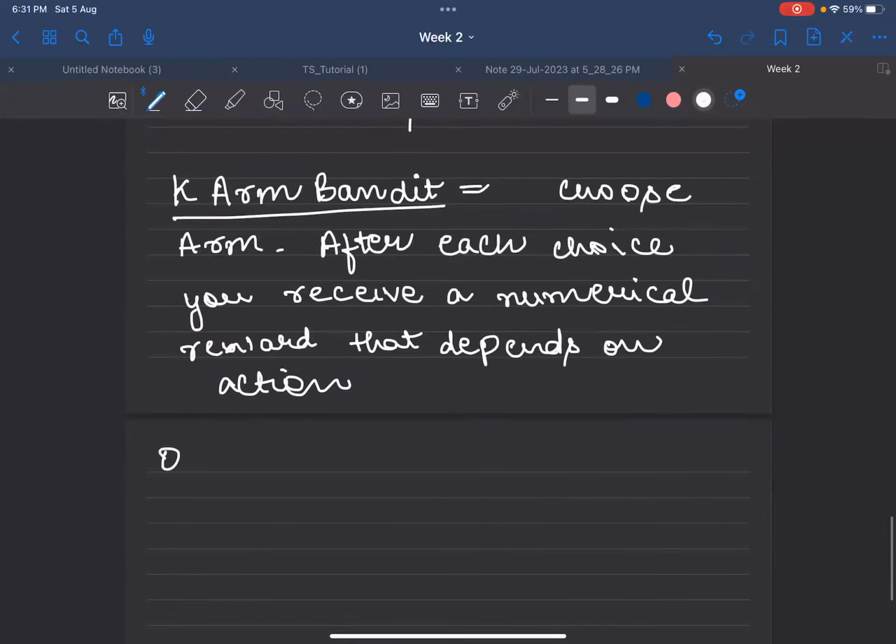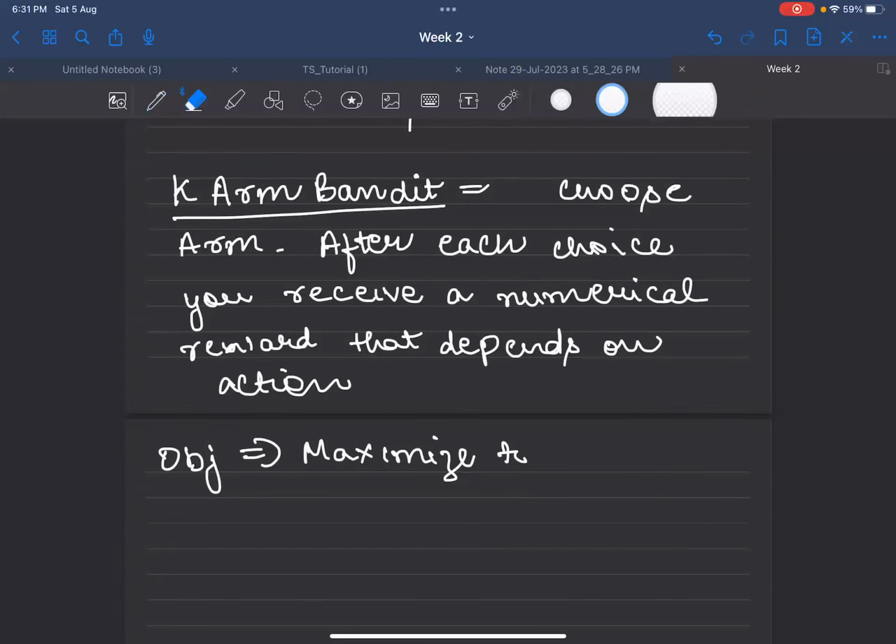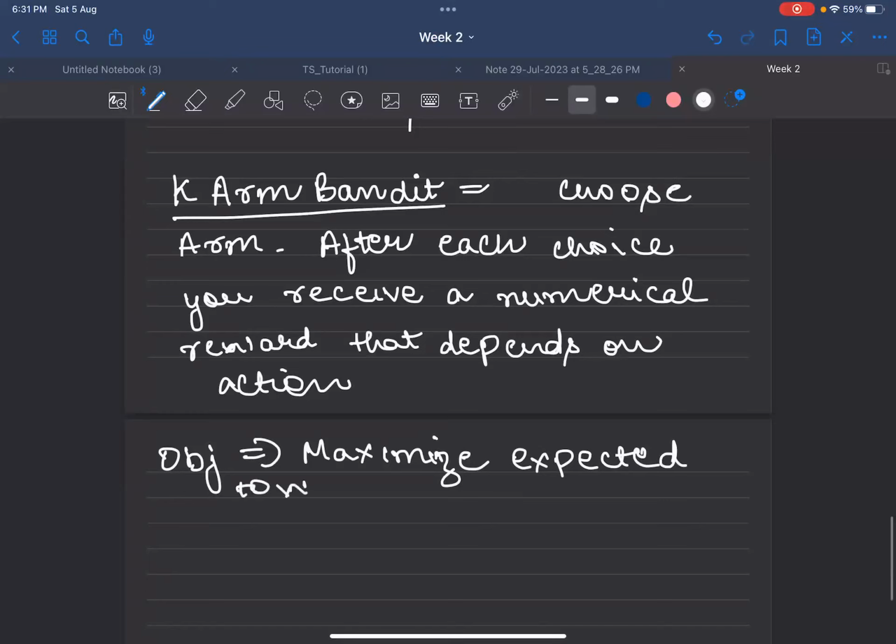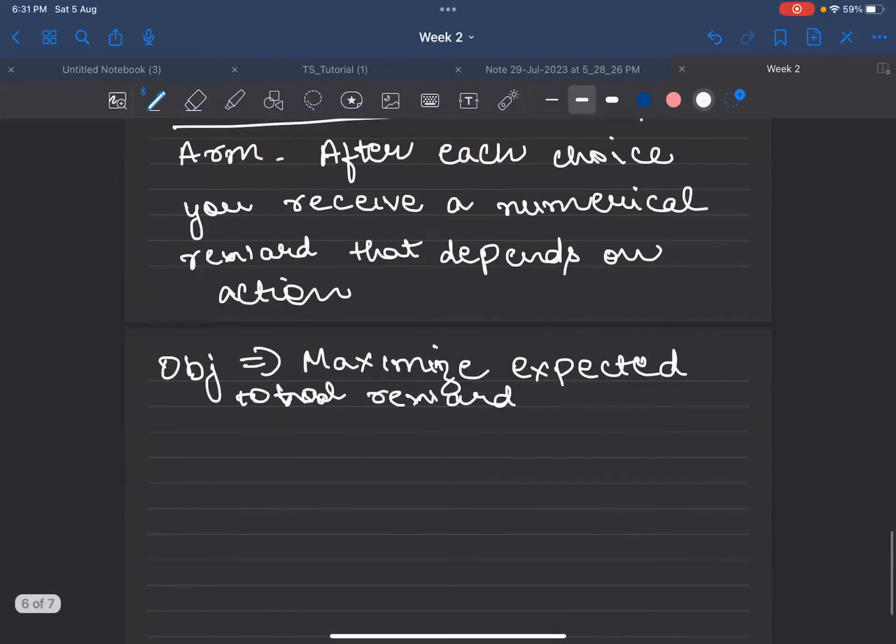So the objective here is basically to maximize the total reward. This we discussed in the last class as well, that we are choosing an arm, we are taking an action, and then we are trying to maximize the total reward here. Expected reward here.